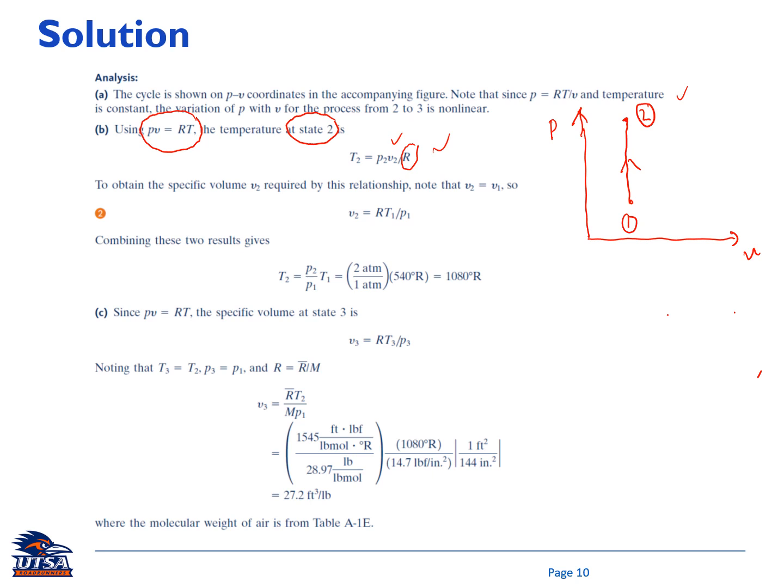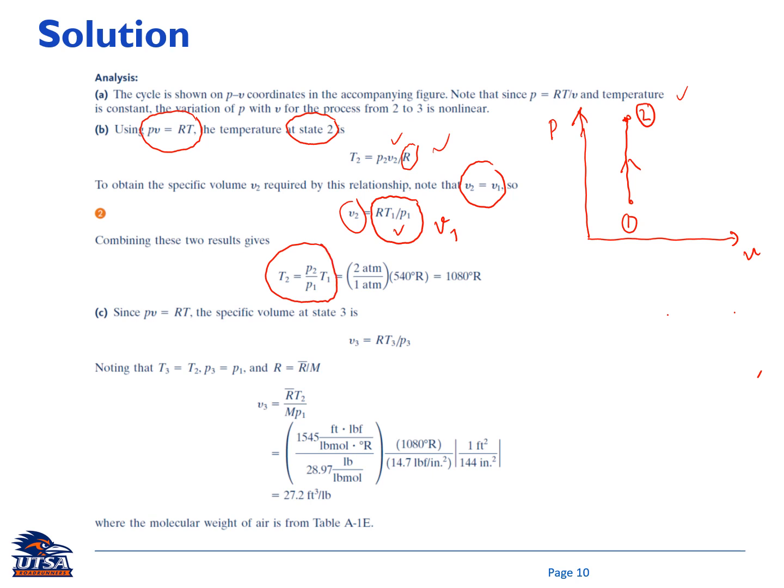So it means that V2 equals V1. In this case, we calculate V1 first because P1 is given and T1 is also given. This is the formula for V1, and then V1 equals V2. If we substitute V2 with this formula, then I have this one.